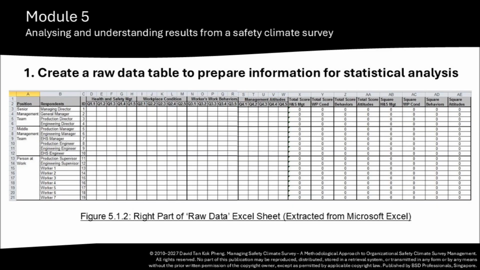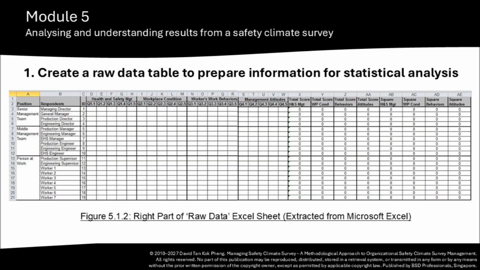After entering the questionnaire items, calculate the total scores for each construct. In column X, label it Total Score of Health and Safety Management System, and apply the formula equals sum, D3. In column Y, enter Total Score of Workplace Condition, with the formula equals sum, I3.